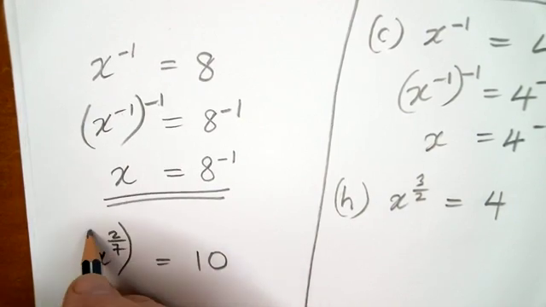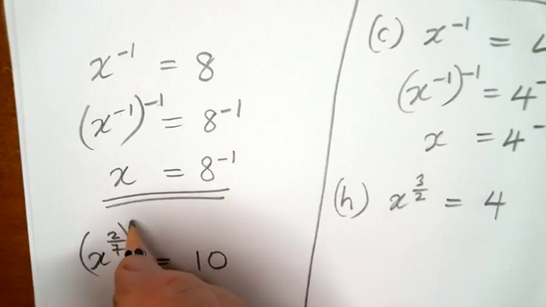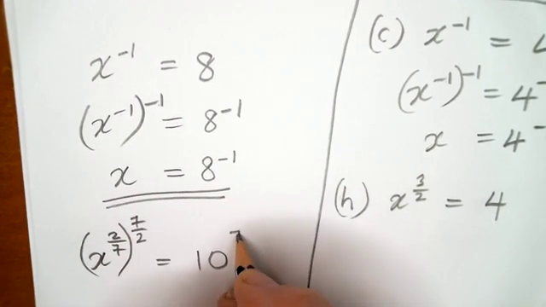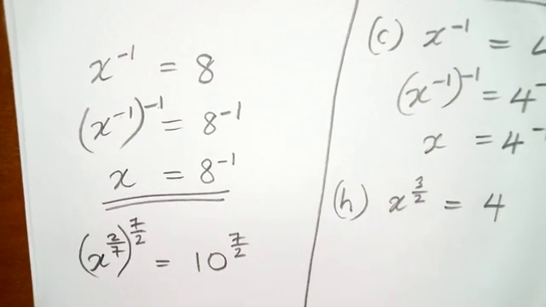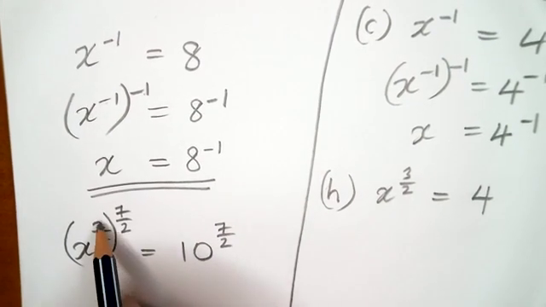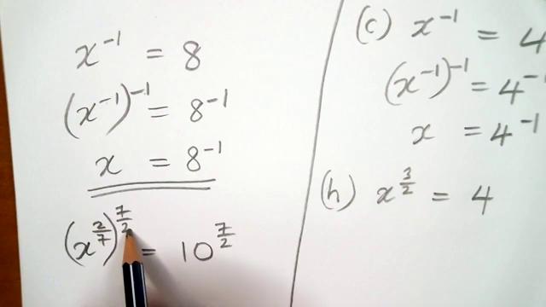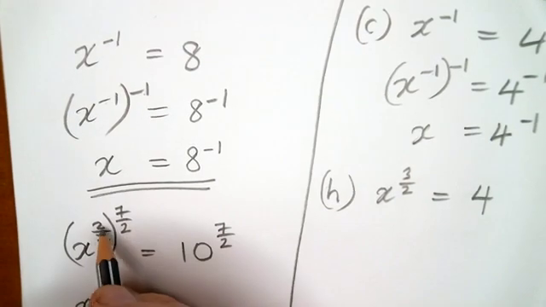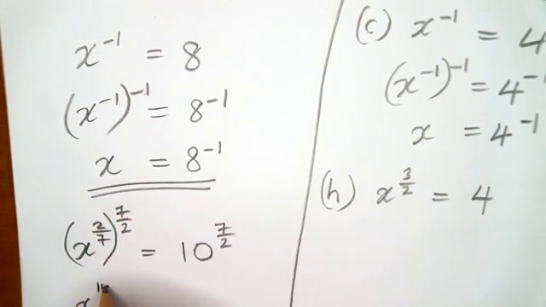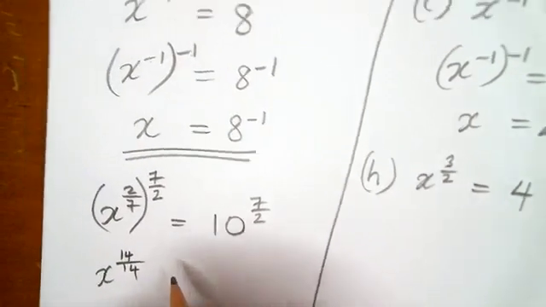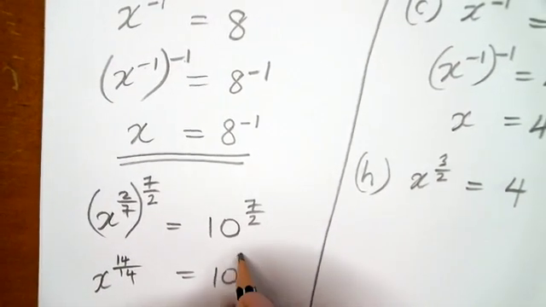So I'm going to take this to the power of its reciprocal, which would be not 2/7, but 7/2. Do the same thing on both sides, of course. Put this to the power of 7/2 as well. But when I multiply 2/7 by 7/2, I get x to the 14/14, well, 2 times 7 is 14, and 7 times 2 is 14. Is equal to 10 to the 7/2.